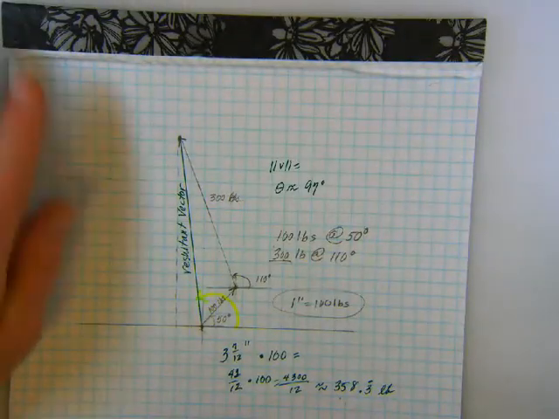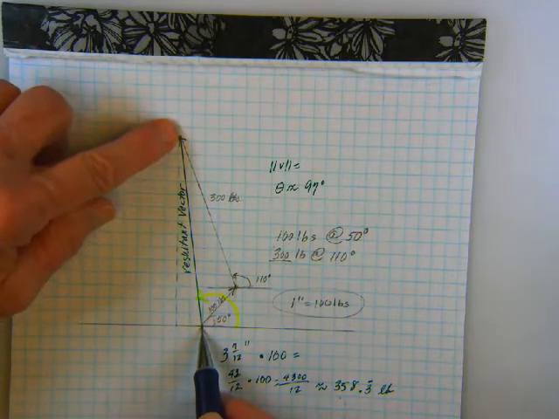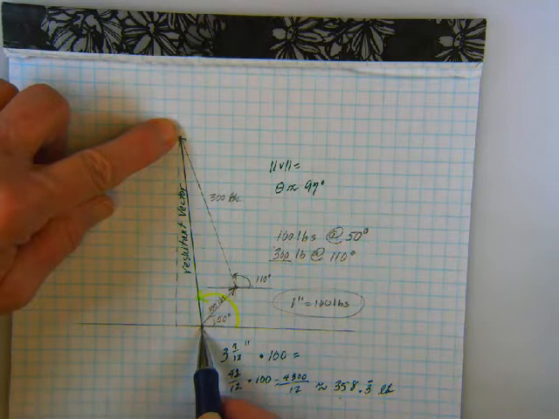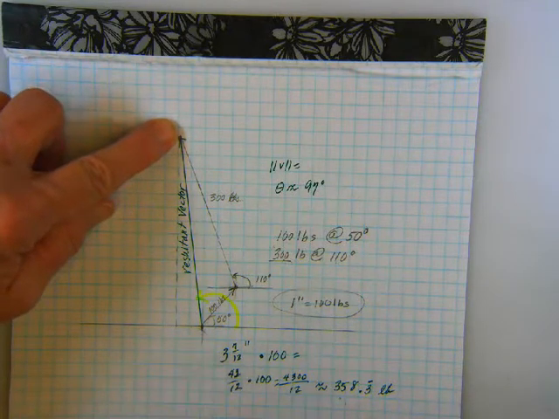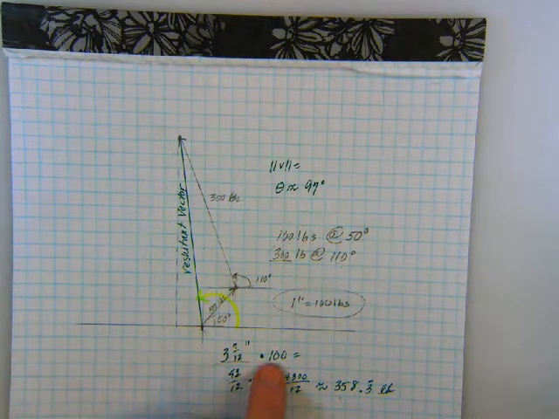So I took my little ruler and measured my resultant vector. I got it to be 3 7/12 inches long, and each inch was 100 pounds.